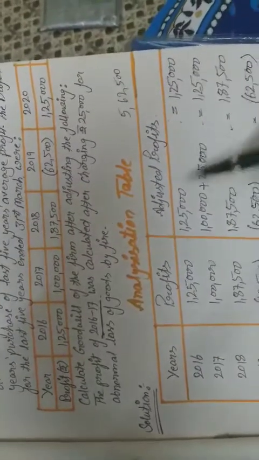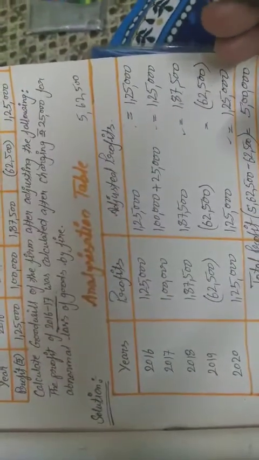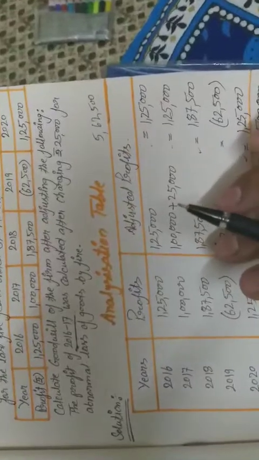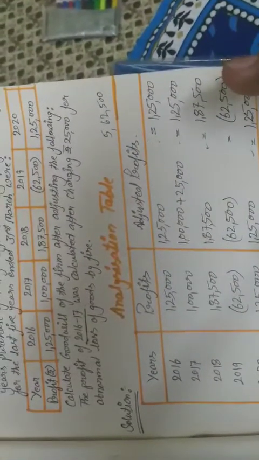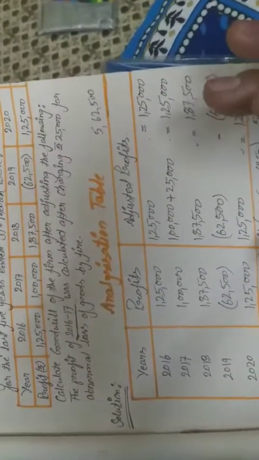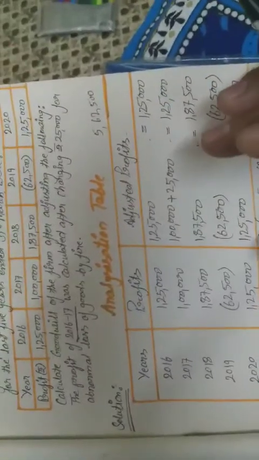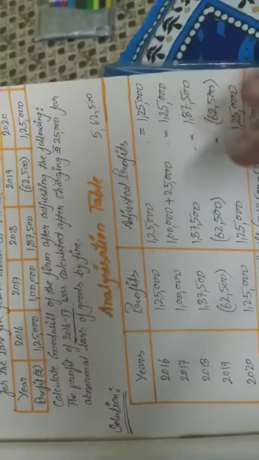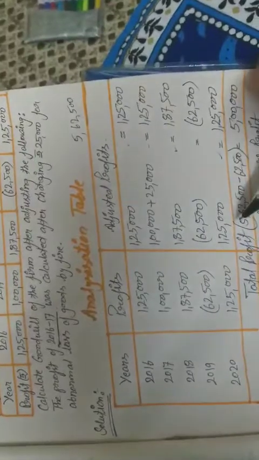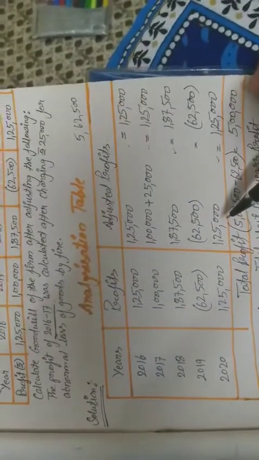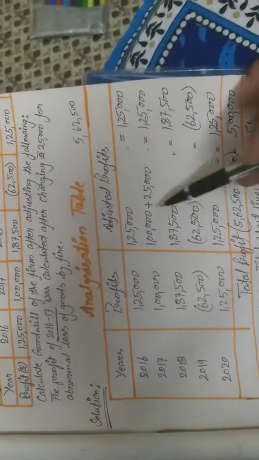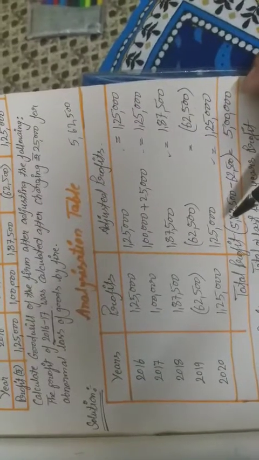Then we add or subtract whatever extra we have done in that particular profit. Past adjustment questions I have already solved in front of you, this type of problem.